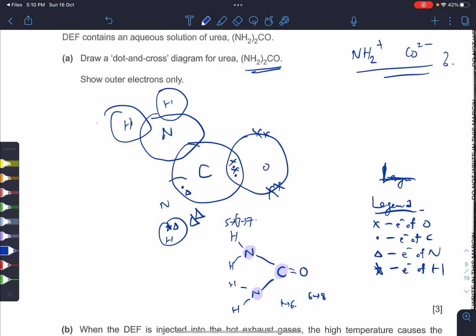Okay, this is not very legit. Triangle dot. That's it. That's why it's 3 marks.